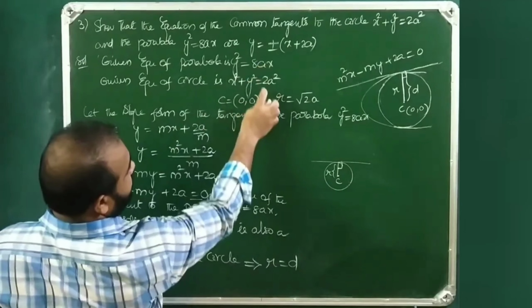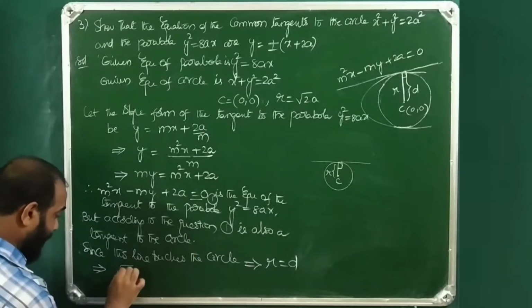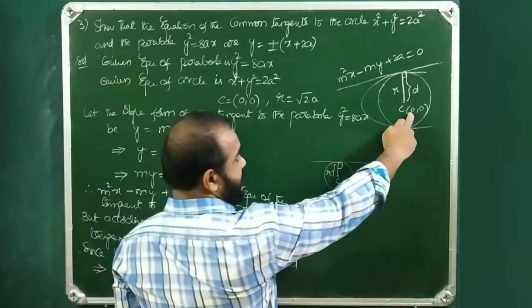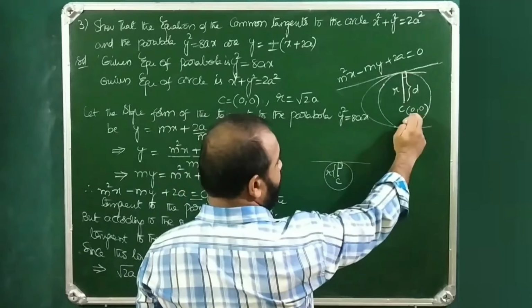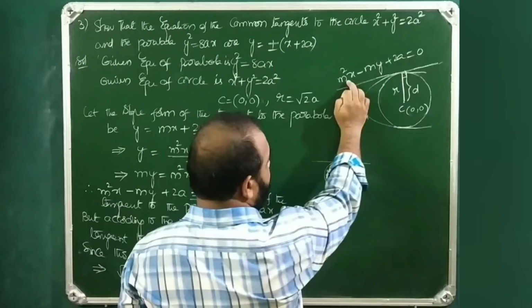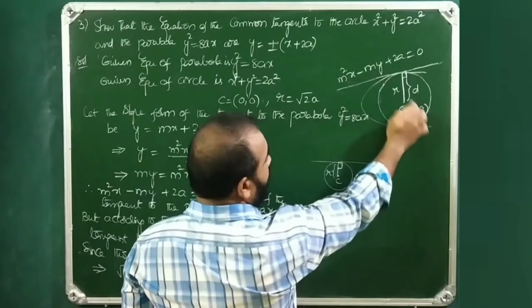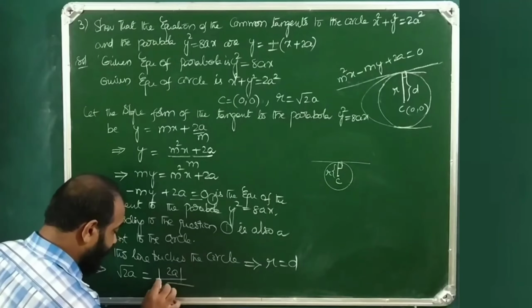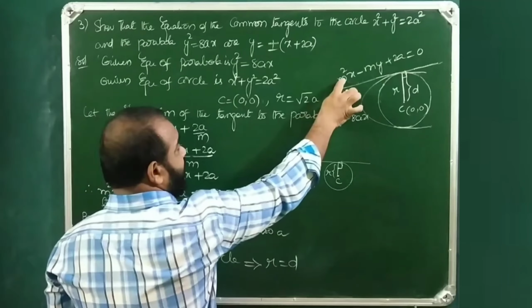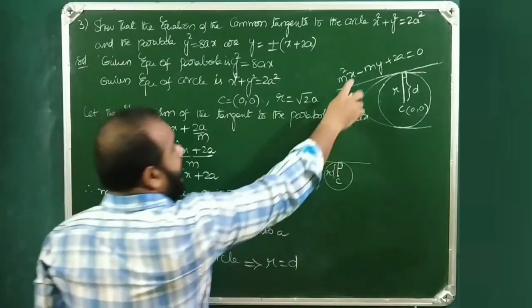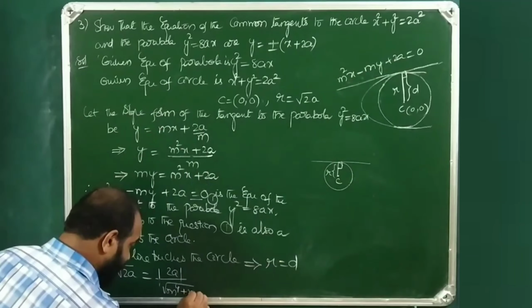Root 2a is equals to D, the perpendicular distance from the center of the circle, that is 0, 0 to the line. So m square into 0, minus m into 0 plus 2a, divided by square root of m square whole square, m power 4, plus minus m whole square, this is plus m square.